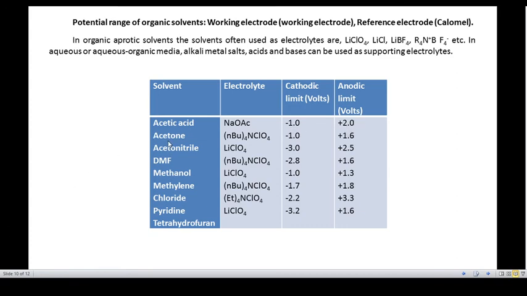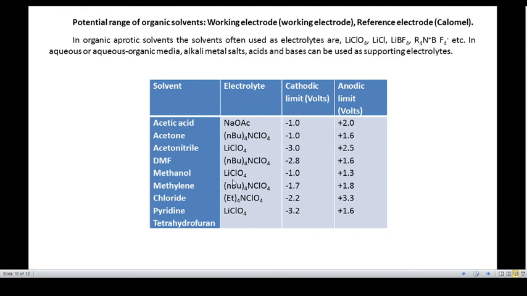And if you use acetone, you can use tertiary butyl ammonium chlorate, which has a limit of minus 1.0 to plus 1.6. And for acetonitrile, you can use lithium chlorate as electrolyte. Minus 3.0 to plus 2.5 is the limit. And DMF, again you can use tertiary butyl ammonium chlorate, that is minus 2.8 to plus 1.6.